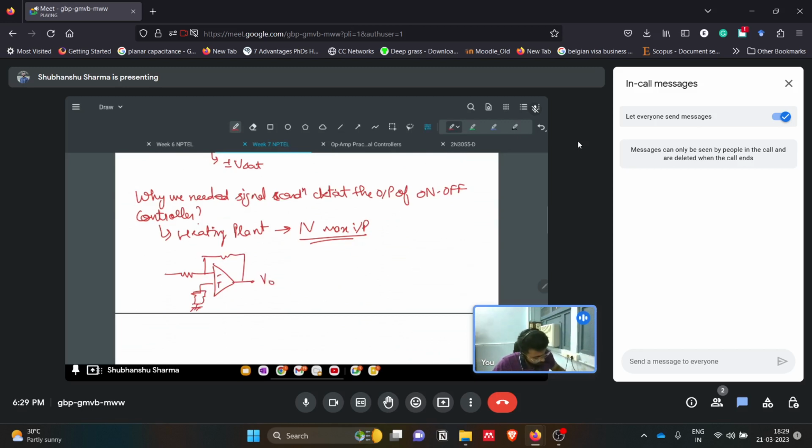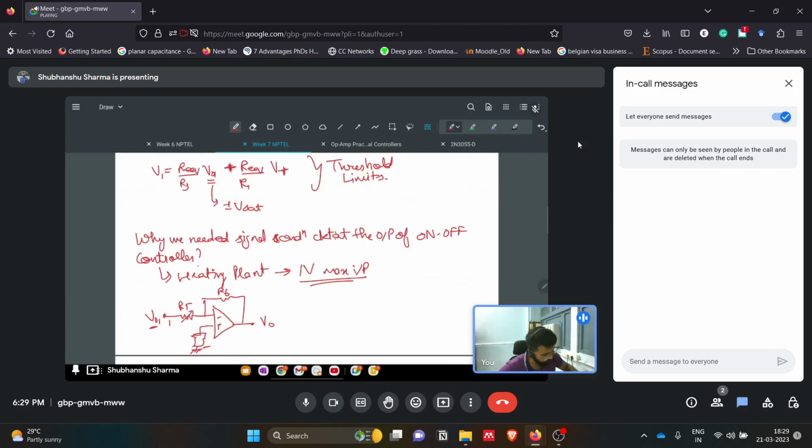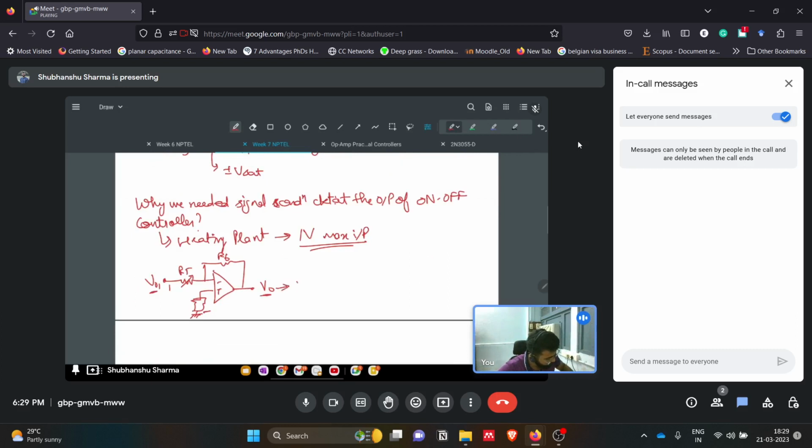This was for the feedback bias current compensation, and then we had a variable resistor here, R5, and we had R6 also. This was V0, the output from our on-off controller. Then we can give it finally to the heating plant after reducing the voltage of the output of the on-off controller.